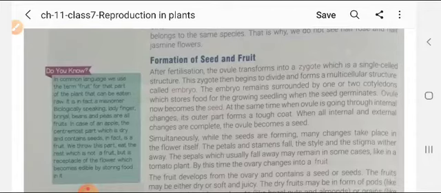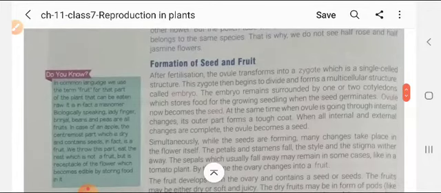Once again, student, the embryo which has been formed after the formation of the zygote remains surrounded by one or two cotyledons, which store food for the growing seedlings. When the seeds are about to germinate, the seed requires food, and that food is provided by the cotyledons. The ovule now becomes the seed.